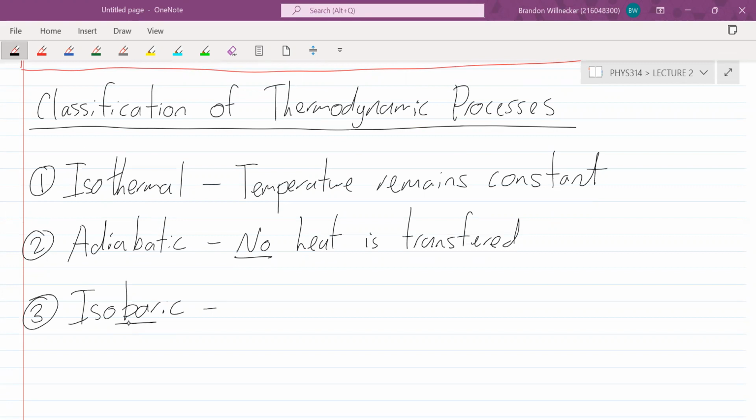Iso means the same, so isobaric, pressure remains the same, or pressure is constant. So pressure is constant.